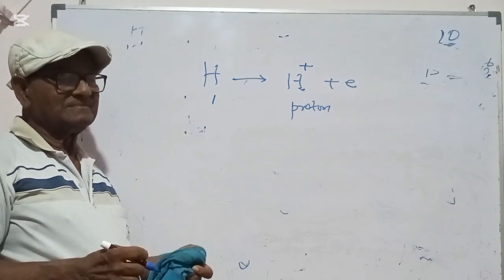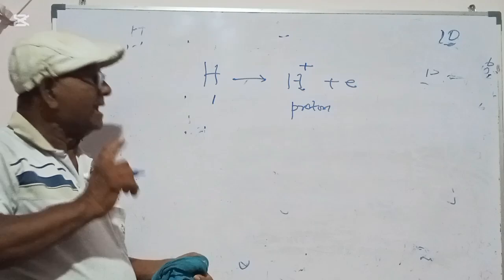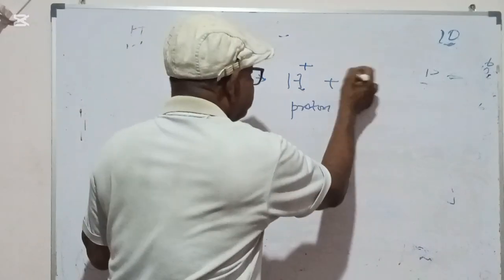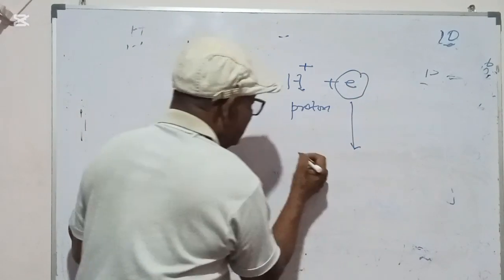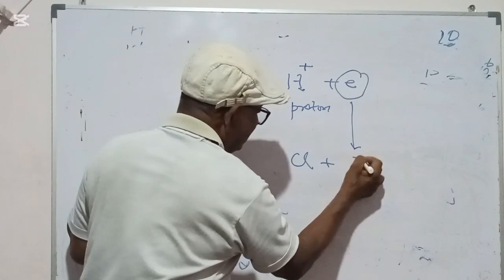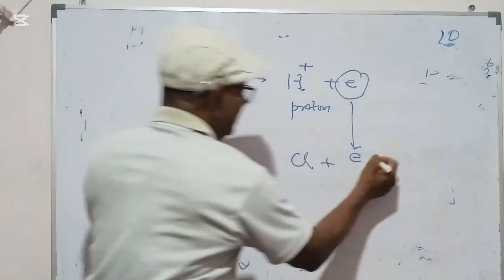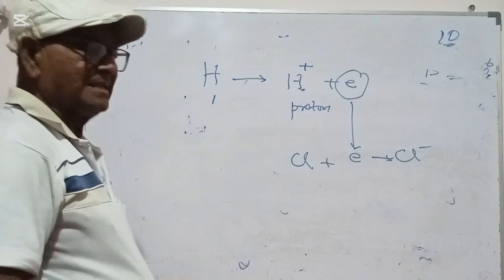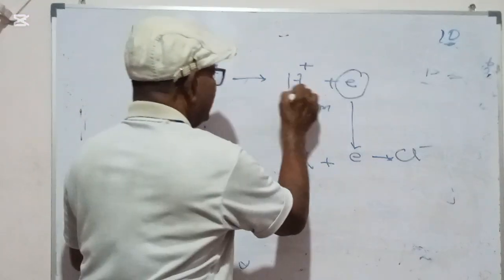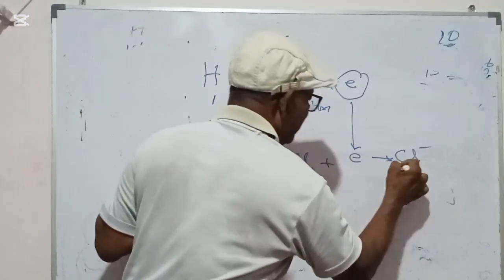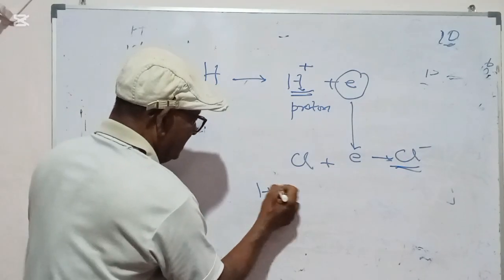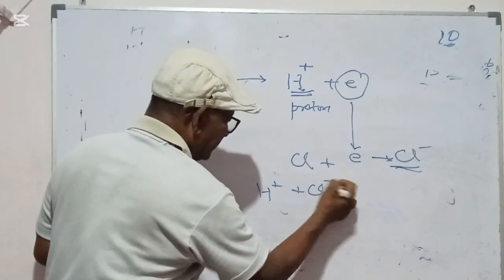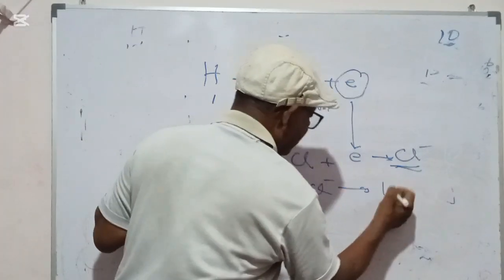So it is clear. Right? If this electron is taken by Cl, then it becomes Cl-. Then what should happen? H+ Cl- can be attracted, forming HCl.